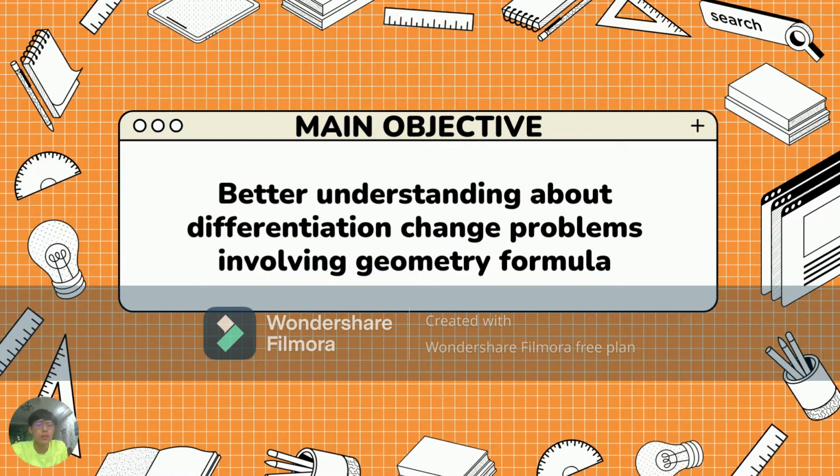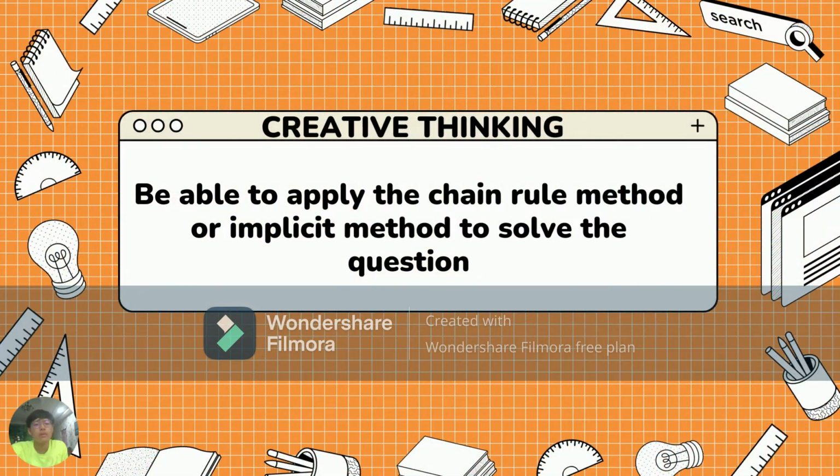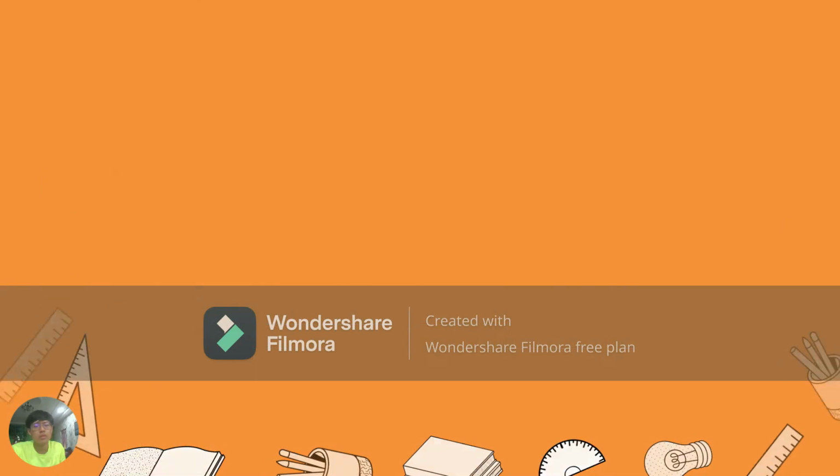Main objective: better understanding about differentiation, and related rate problems involving geometry formula. Creative thinking: be able to apply the chain rule method or implicit method to solve the question.